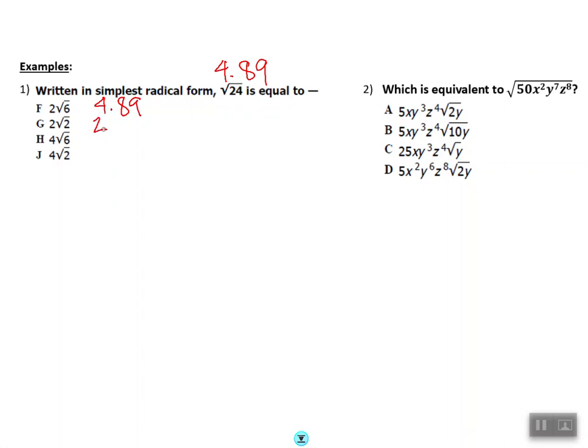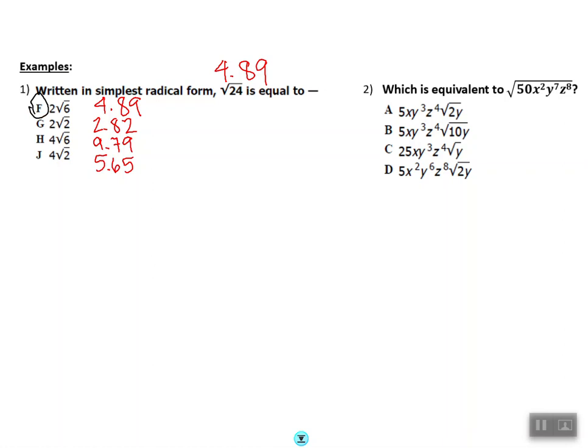G gave me 2.82. H gave me 9.79. And J gave me 5.65. So the one that was the same as my original problem is F. So that's our answer.